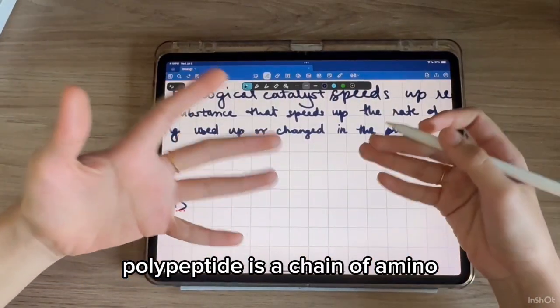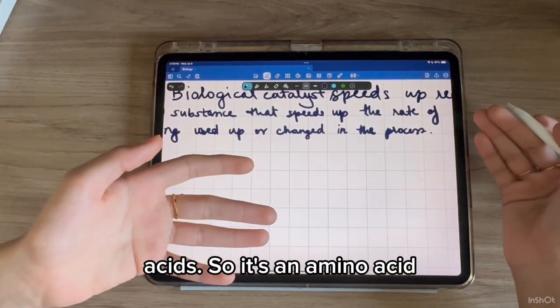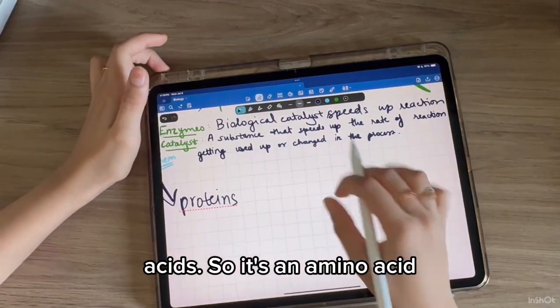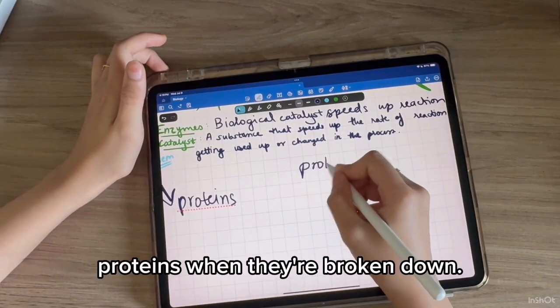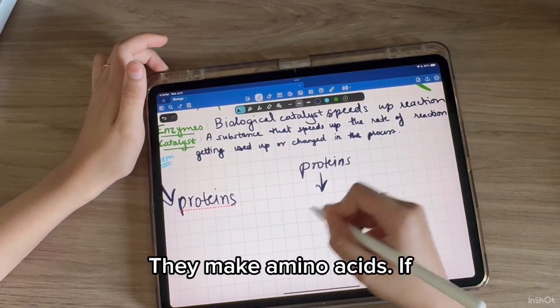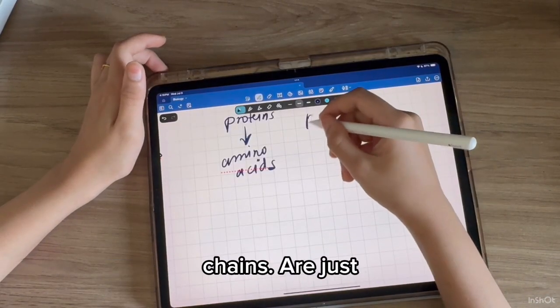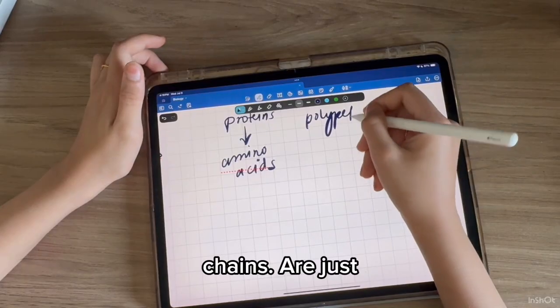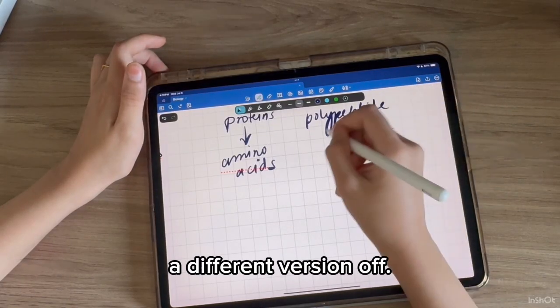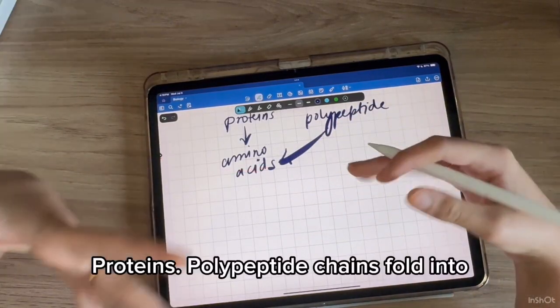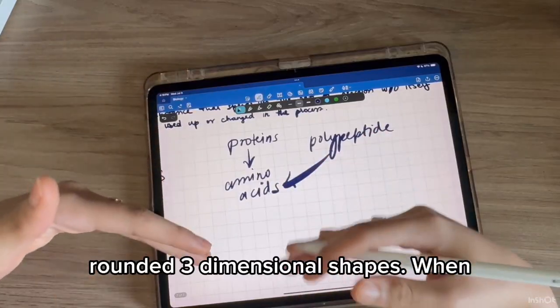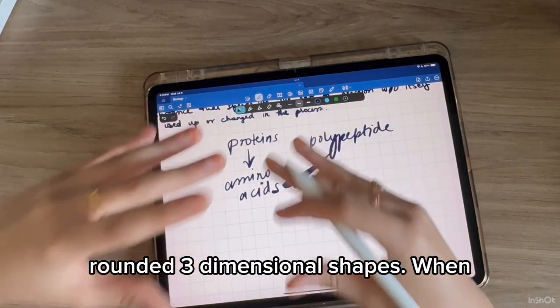A polypeptide is a chain of amino acids. So what's an amino acid? When proteins are broken down, they make amino acids. In that sense, polypeptide chains are just a different version of proteins. Polypeptide chains fold into rounded three-dimensional shapes.